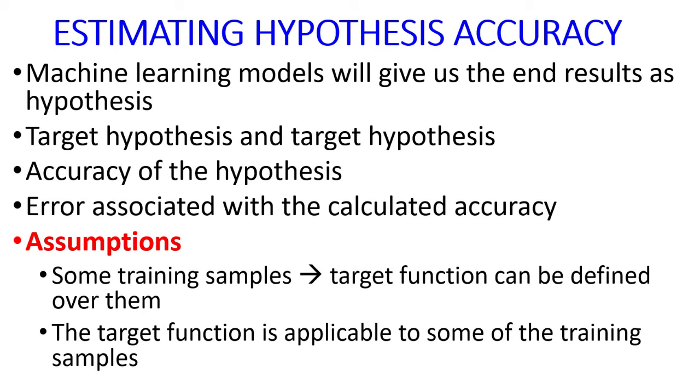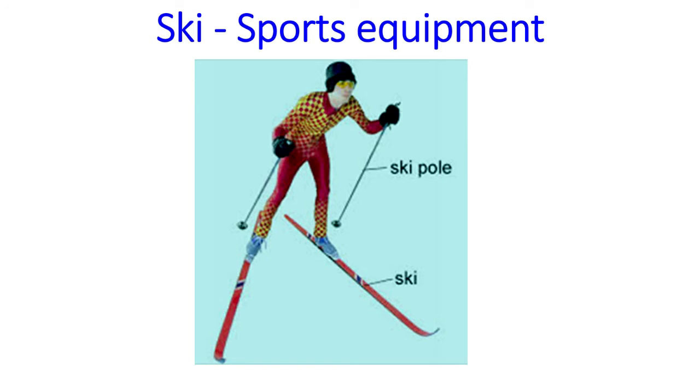People are taken as training samples and the target function is whether they will purchase new skis or not. As you know, ski is a sports equipment as shown in the diagram.